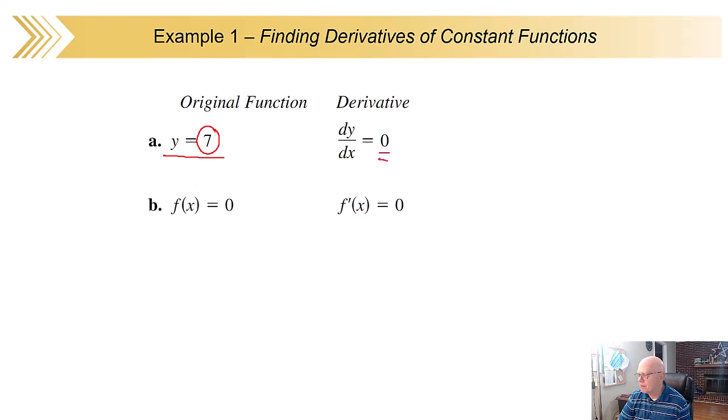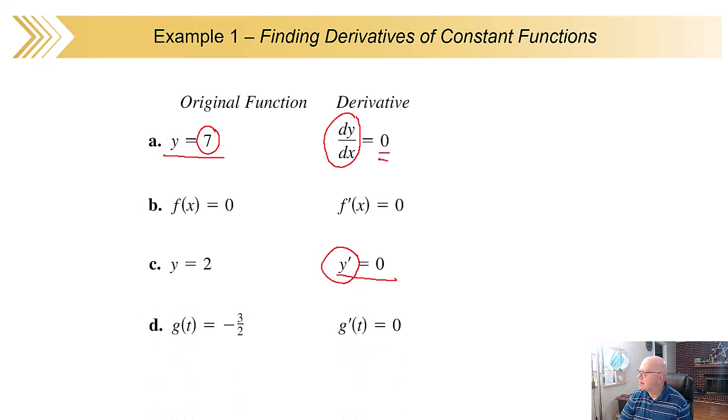Next, this function always has a value of 0, so the derivative, and these are two different ways of talking about the derivative, dy/dx or f prime of x, either one, you always get 0 because it's a constant function. Next, another constant function. The y value is always 2 no matter what. So the derivative, here's another look, equals 0.